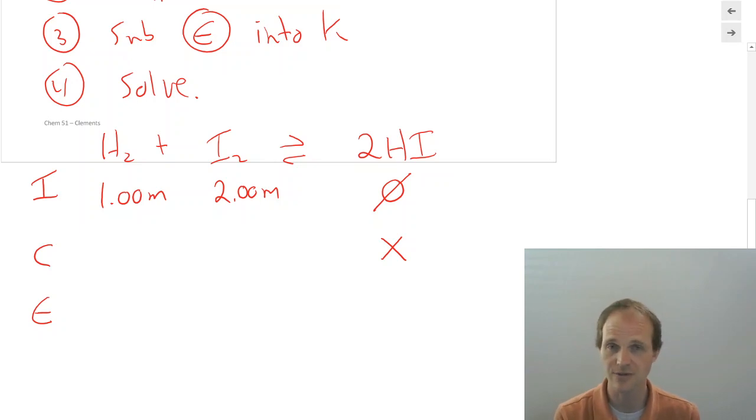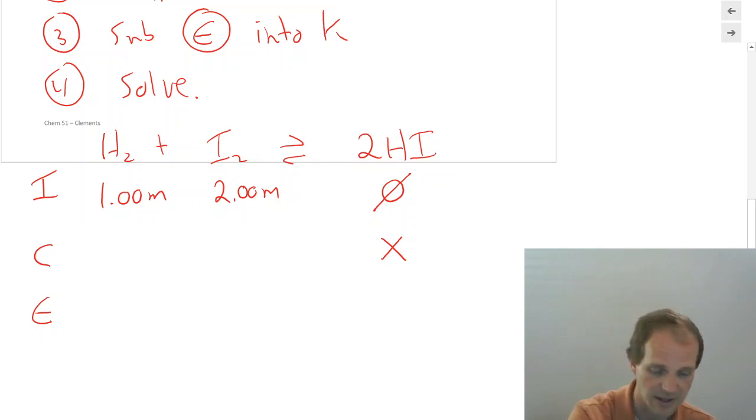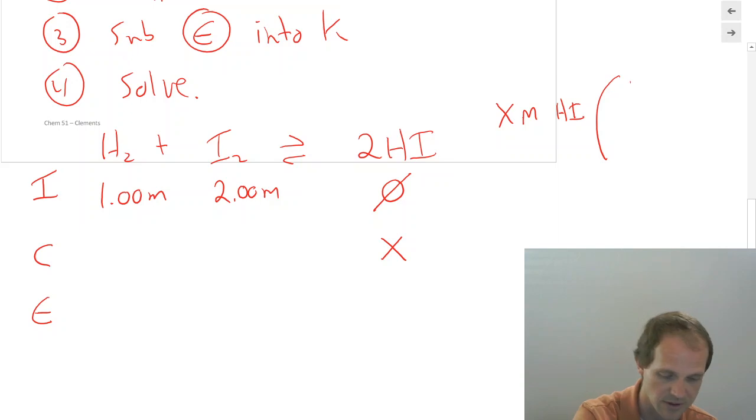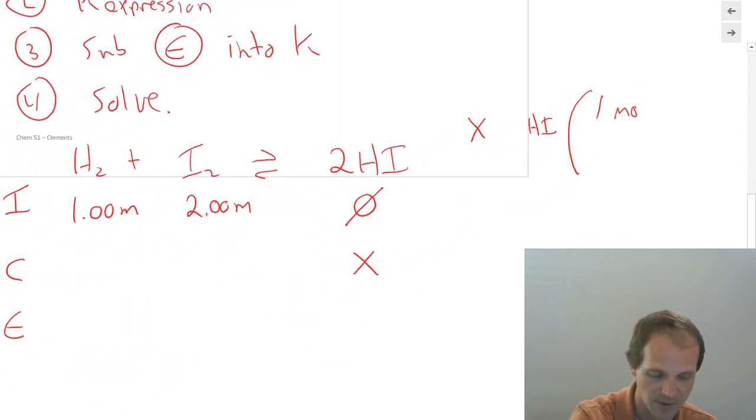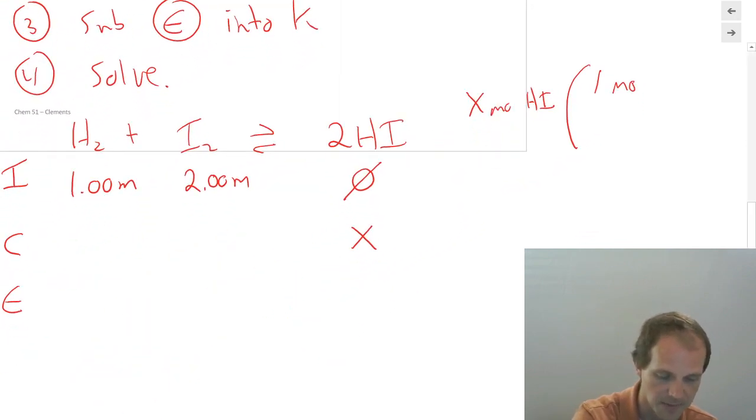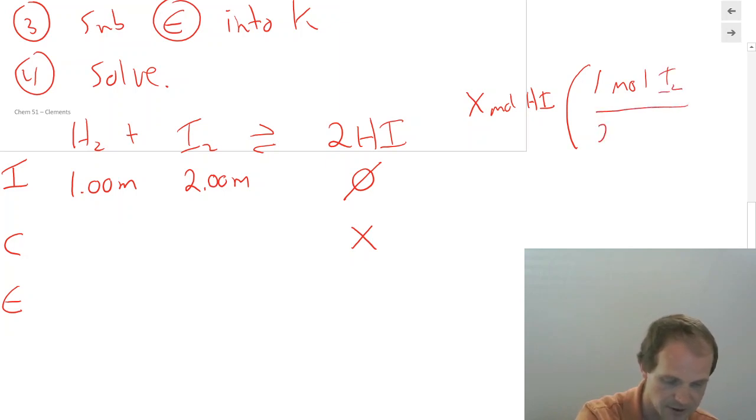There's 2 ways around the confusing. One is to just do the stoichiometry, right? I've got X molar HI, and you do the stoichiometry that there's 1 mole of I2 for every 2 moles of HI, right?